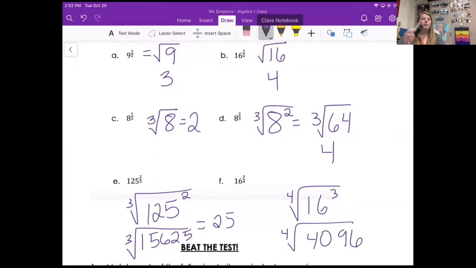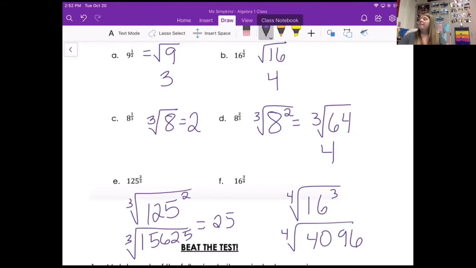4,096. Now, if you're using this, make sure you're doing the cube root and not the square root. The square root of that number is 125, but not the cube root. Those are two different things. That's a great question. The 4th root, how do you do a 4th root? You can't. So let me show you how I would do this.